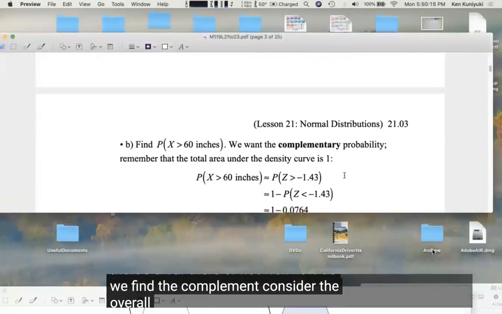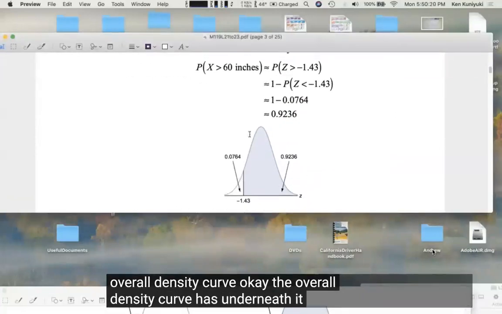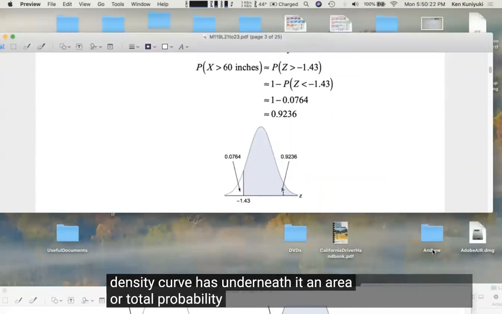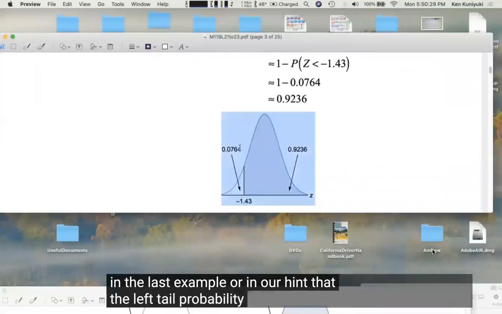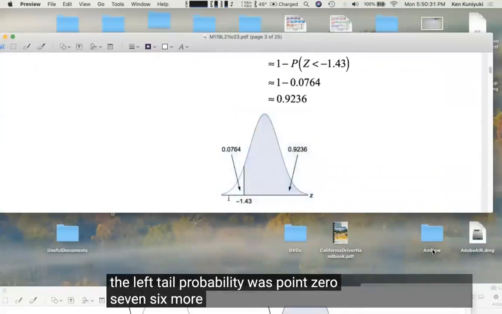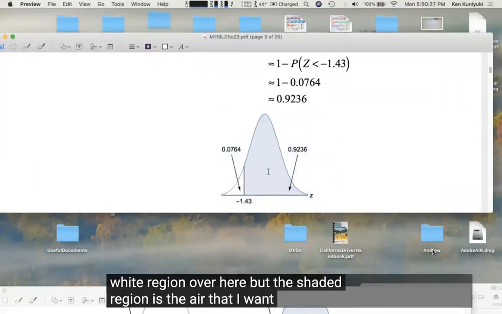Consider the overall density curve. The overall density curve has underneath it an area or total probability of 1. We found out in our hint that the left tail probability was 0.0764. That's the area of this white region over here. But the shaded region is the area that I want.